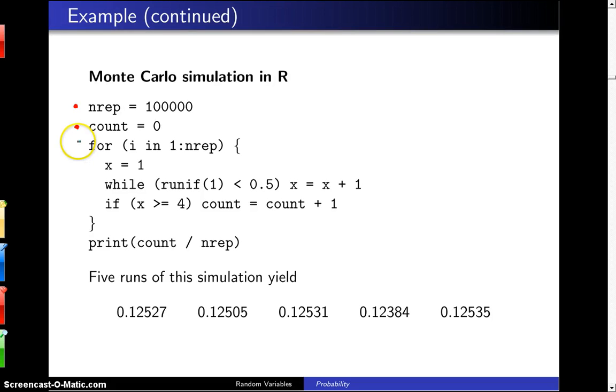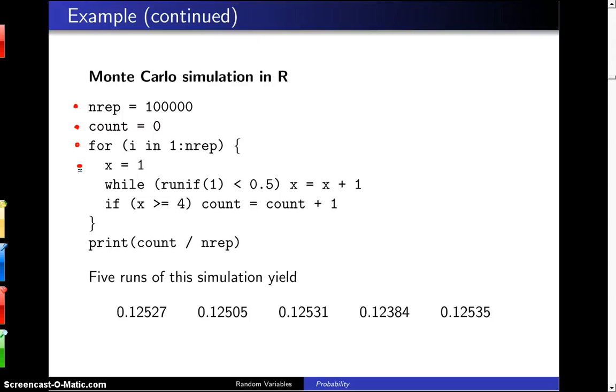Then we have a for loop which goes from 1 to 100,000. And the first thing you do is you set x to 1. That's kind of the default value. And then there's a while loop. And while you get a uniform 0, 1 that is less than 0.5, that is modeling a coin flip, so while you get a tail, you simply go ahead and increment x equals x plus 1.